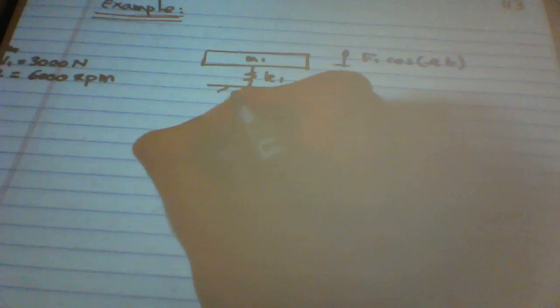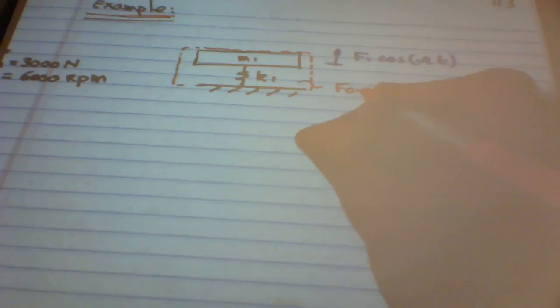So the pedestal vibrates at 6,000 RPM. We're going to assume this is the force here, F1 cosine omega t. So all this over here is our modeling for the foundation.